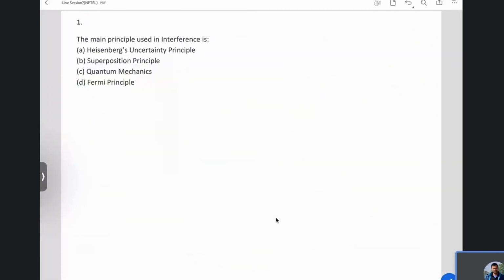So the first problem is a simple statement. The main principle used in interference, there are four options: Heisenberg uncertainty principle, superposition principle, quantum mechanics, and Fermi principle.